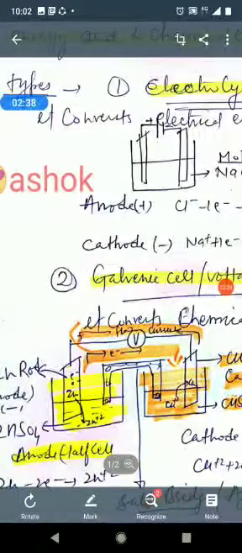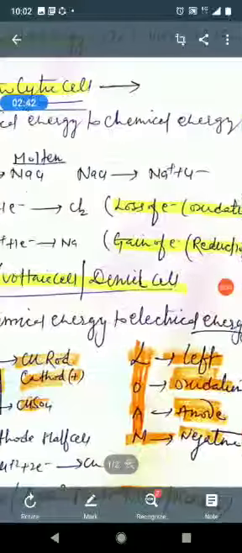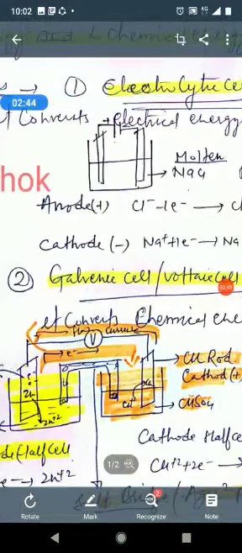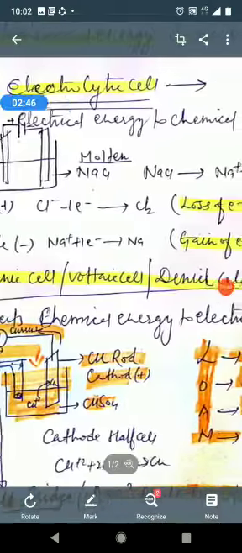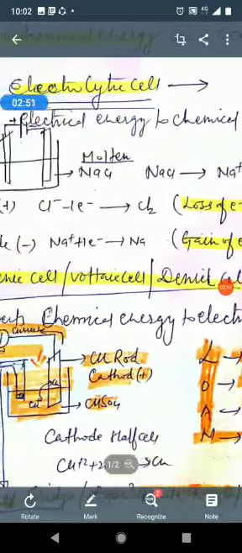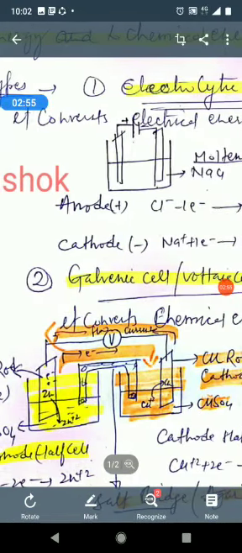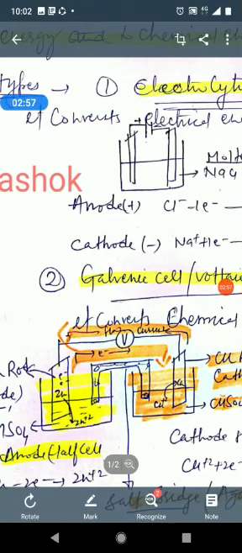Now the second type of cell is the galvanic cell, also called voltaic cell or Daniell cell. The cell which converts chemical energy to electrical energy is called a galvanic cell, and this cell is also known to you very well because you have studied this in class 11th, that it has two containers.